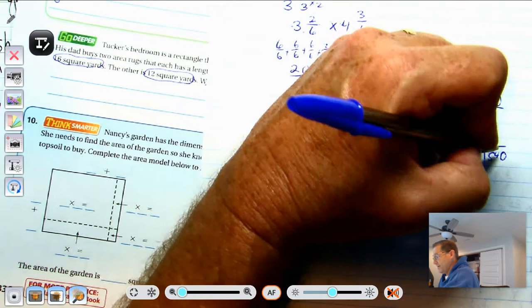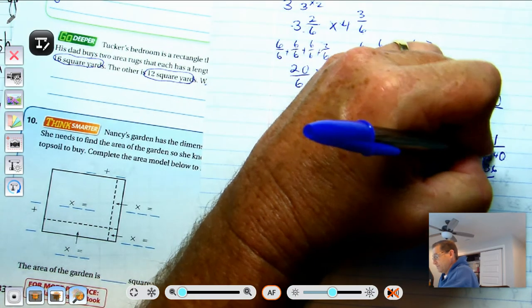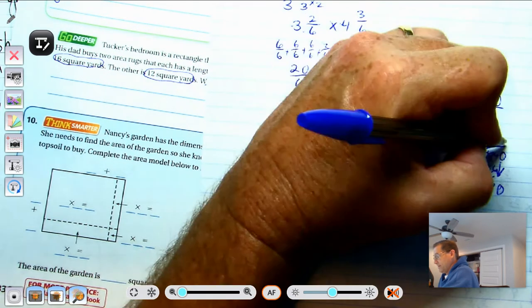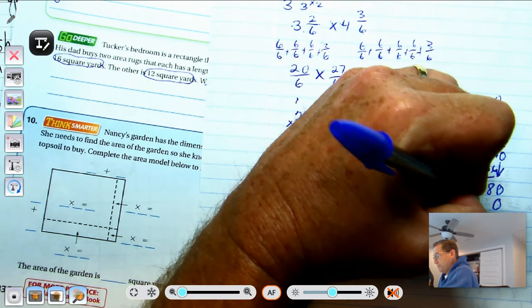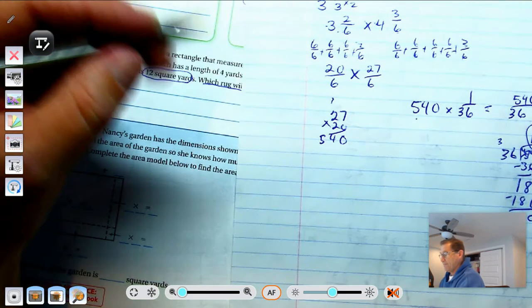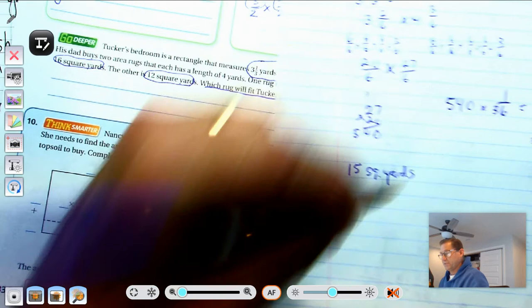So how many of those do we need then? Well, 54 take away 36 is 18. Bring down the 0, and that should be 5. 5 times 6 is 30. 5 times 3 is 15, plus 3 more. Yes. So 15. So we have 15 square yards.